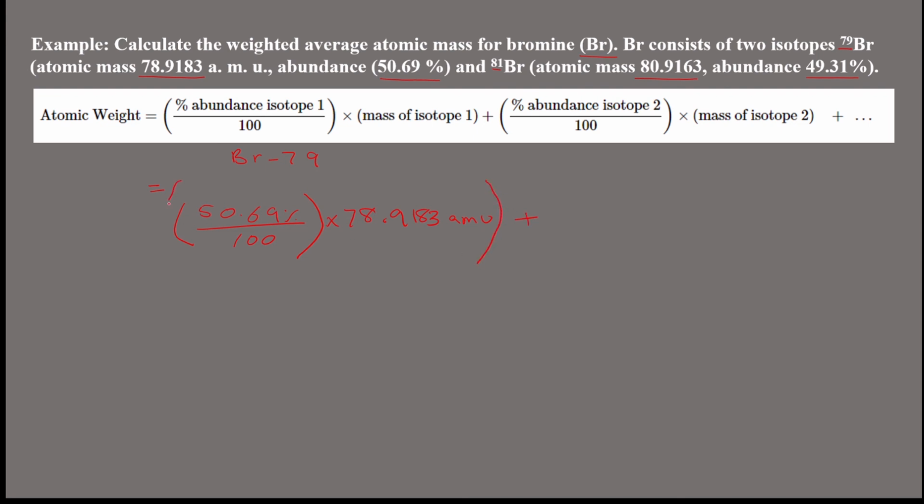Let's keep it separate. And then here you have the percent abundance, 49.31%, multiplied by 80.9163 AMU.